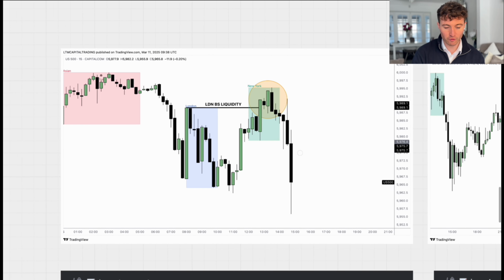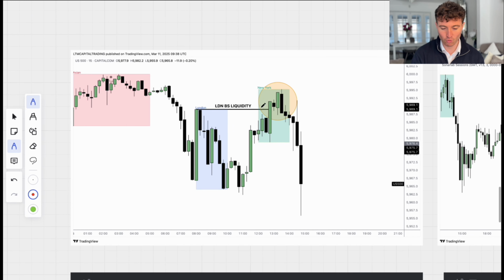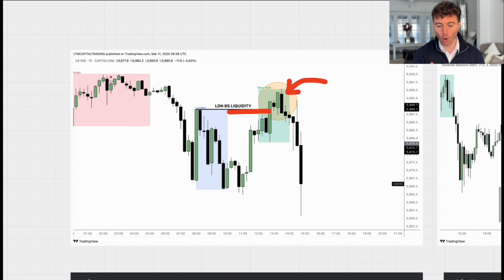If we are looking for shorts on the market, you can see right here, we've run buy side liquidity. This is resting above the London session high, and you can see this occurs during the New York kill zone. Again, this will be enticing traders thinking that this is a breakout and inducing them long within the market. But because we trade the ICT power of 3, we see this as simple manipulation, running the buy side liquidity.